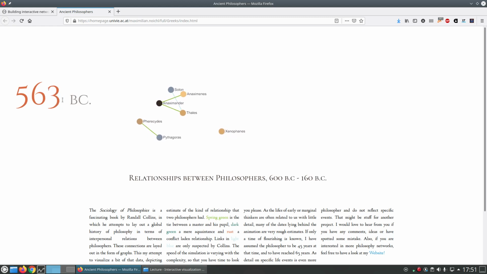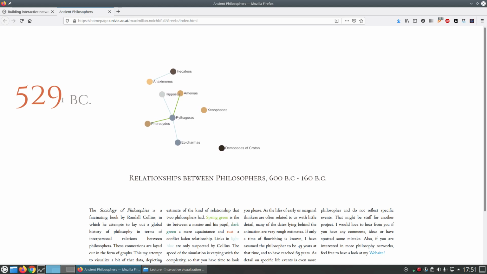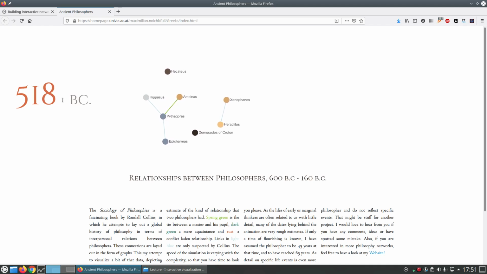But coming back to this example, this network is based on Collins' book, The Sociology of Philosophy. The network visualizes 440 years of relationships between philosophers. We can see that the years go forward little by little, because we are before Christ, so the numbers are decreasing, but it actually means that we are going in the direction of the future.